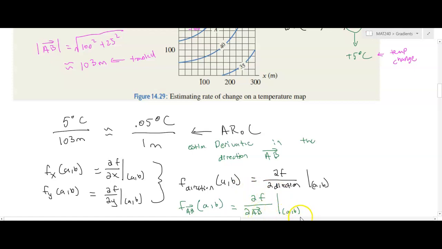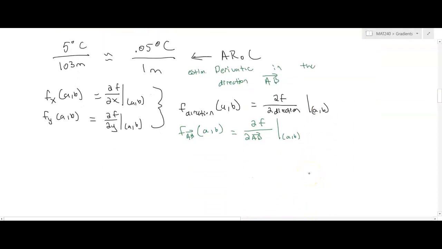The capital A, capital B, and little a, little b are in no way connected. And so to calculate this, we took the difference in temperature, which was 50 minus 45 degrees Celsius, and divided this by 103 meters.